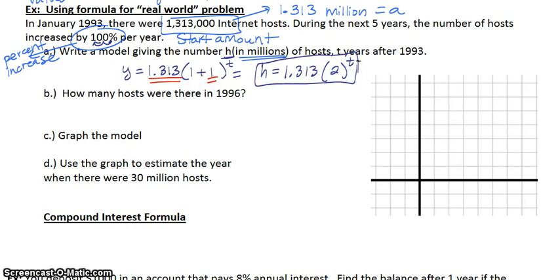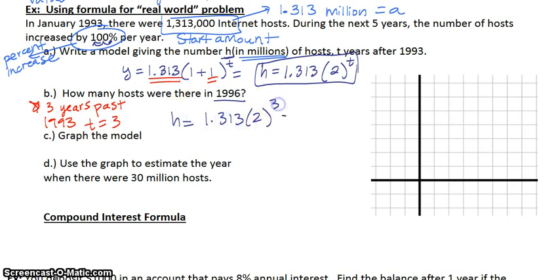Part B asks, how many hosts were there in 1996? So actually, they're really asking us to use our model, and they told me 1996, so I got to figure out what T is. And in my mind, I am thinking 1996 is 3 years past 1993. So in my mind, I'm thinking, okay, T is 3. Let's fill this into the formula. I got 1.313 times 2 to the 3rd power.